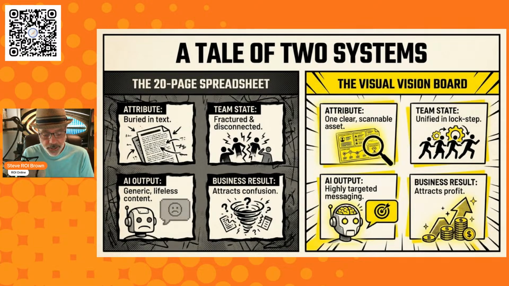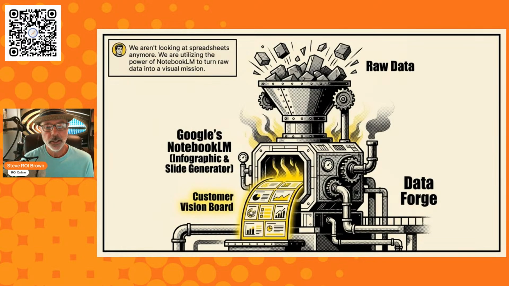If you were to go around and just do a poll and ask your team, who's our ICP, our ideal customer profile? What's the messaging that is powerful for that? You're going to get all these different answers. And that's why doing this next step will unify your team and generate items that are awesome.